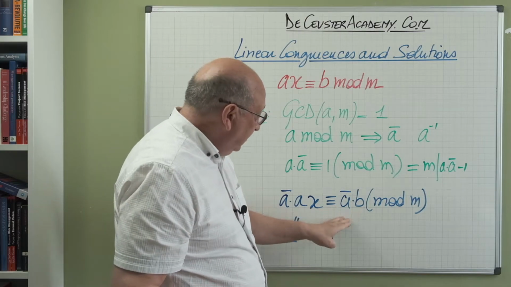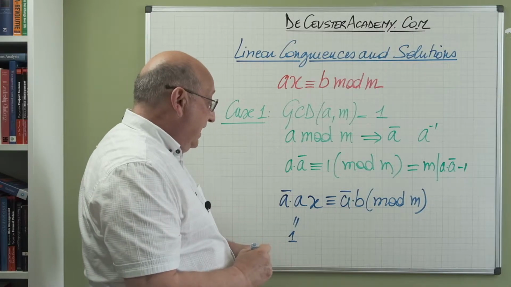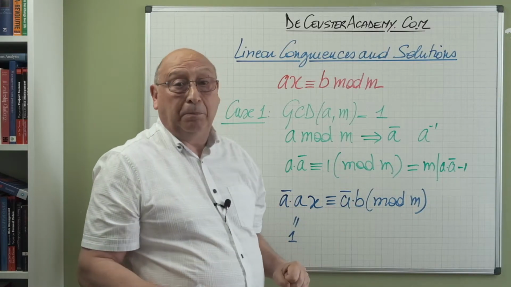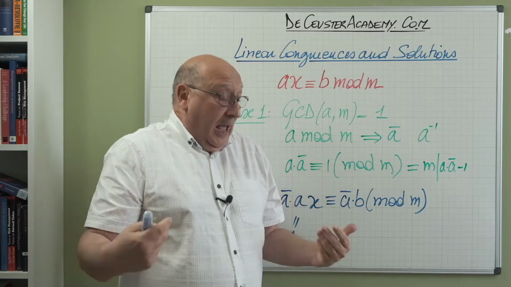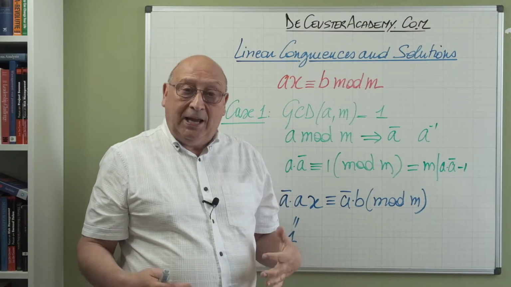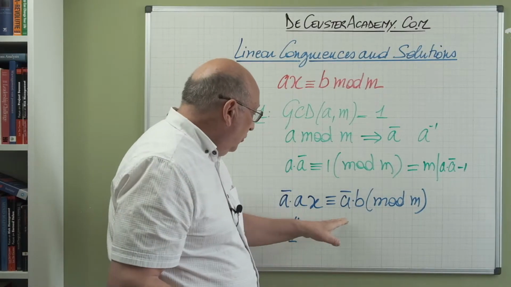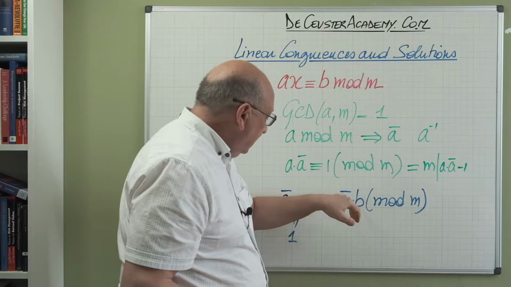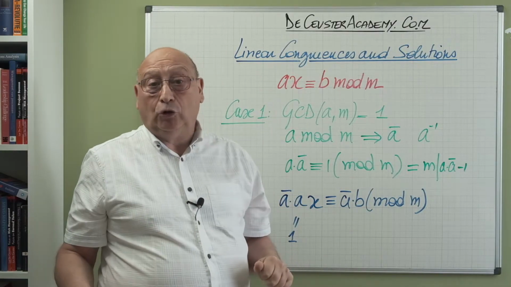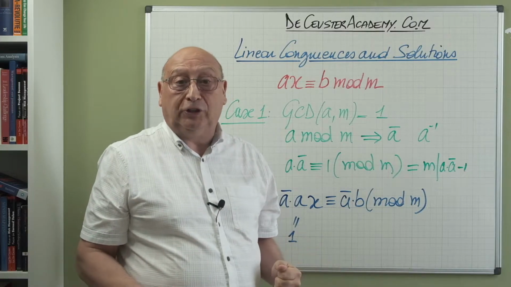So we have to find the lowest number of A inverse multiplied with B, and we have one unique solution modulus M. We always take as a solution the lowest number, so we have to find A inverse times B modulus M. That will be the solution. That's one way to resolve this problem.